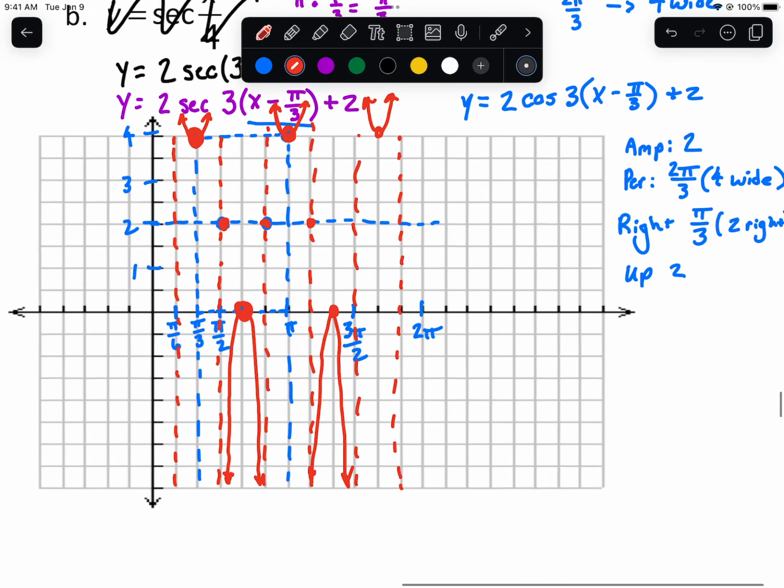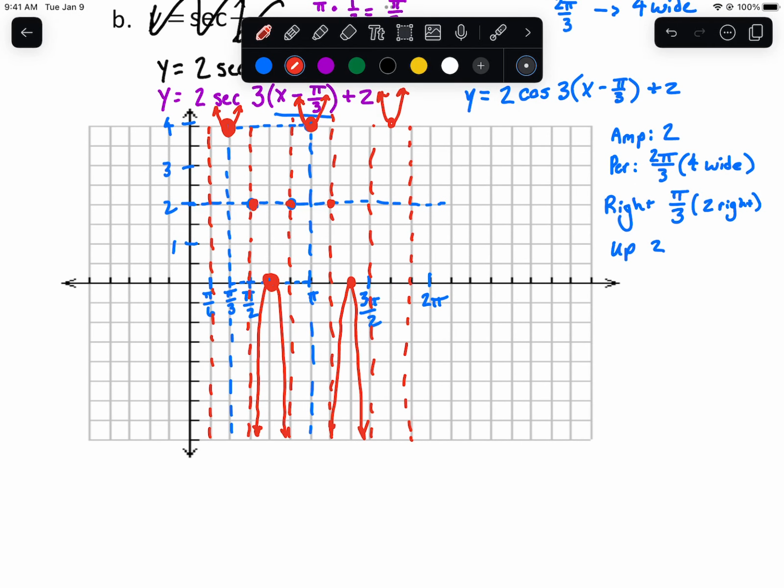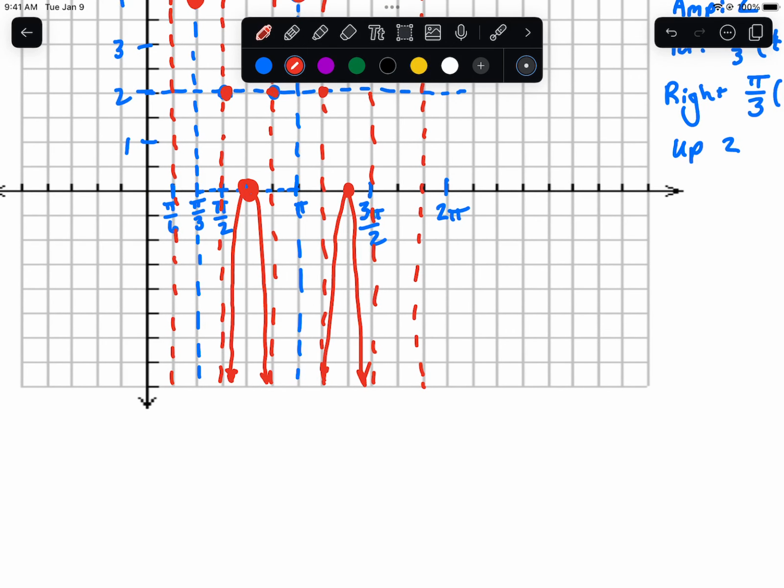Now I like this one here. Now we can kind of talk about the location of the vertical asymptotes. I guess you could call the first one at pi over 2, you could call it at pi over 6. There's a lot of different starts where you could do, but any of the red lines right there. I guess I'll start with the first one I see, which is pi over 6. Sometimes you could have multiple answers here on these.